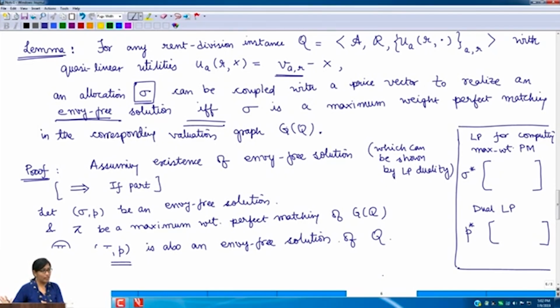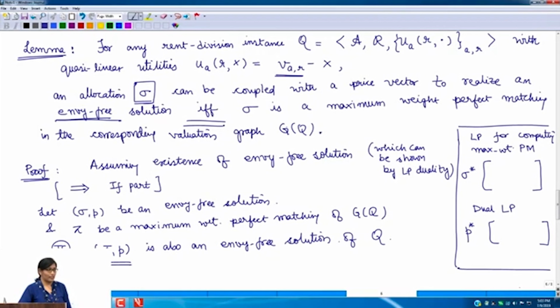It comes from LP duality, and I wanted to cover it, but I don't have much time. We can talk about it offline, or maybe I'll cover it tomorrow. So right now, do assume that envy-free solutions exist under the quasi-linear model, and I'm just proving this particular characterization of envy-free solutions, where I'm saying that if sigma comma p is an envy-free solution, then sigma has to be a maximum weight perfect matching.